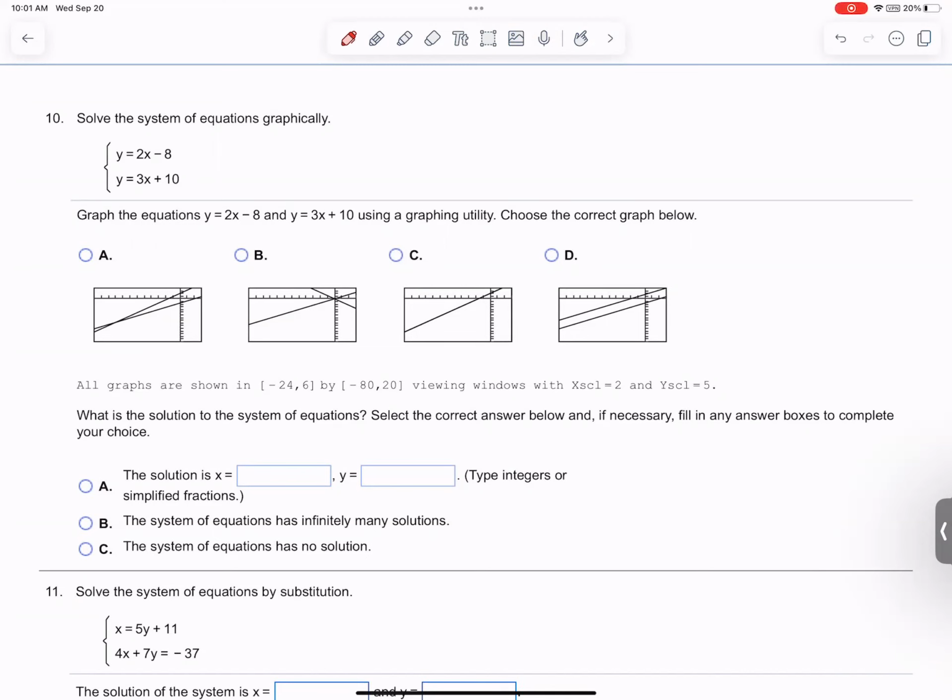Still can't see it. And change my window again. Let's change the Y min. Oh, let's just go crazy. Let's do negative 100. And we can change our scale to 10 to make it prettier. There we go. Now we can see it. I just had to keep changing the window so I could see where they intersect.